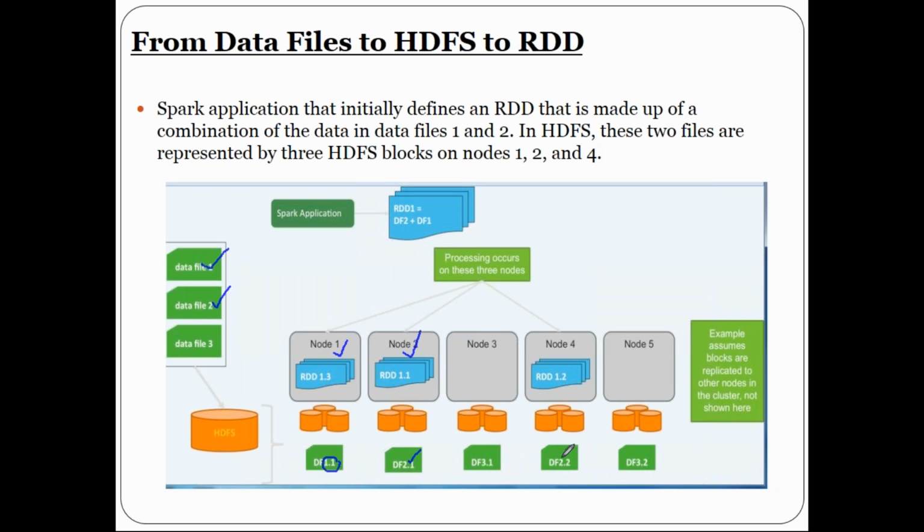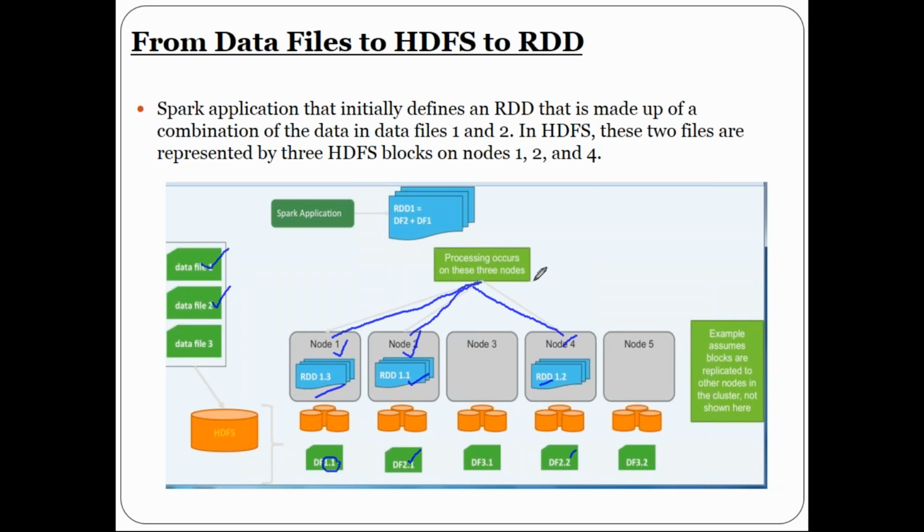This data file 2 is on node 4. However, I have given 2.2. Clear? Now this is RDD 1.1, 1.2, 1.3. These are now processing on three different nodes.